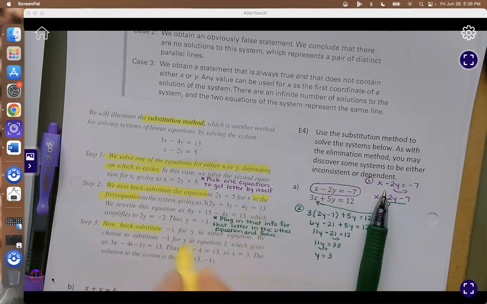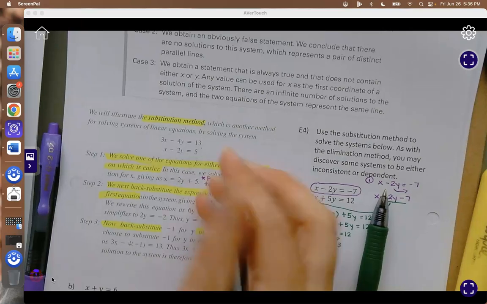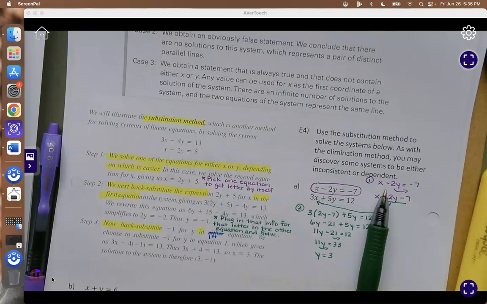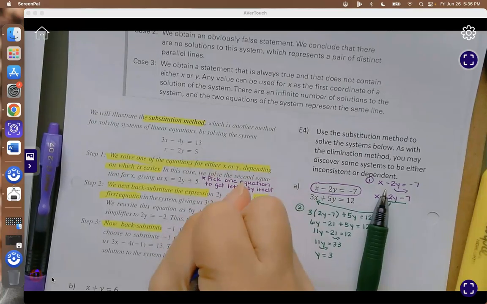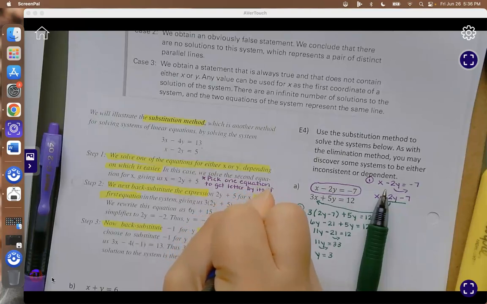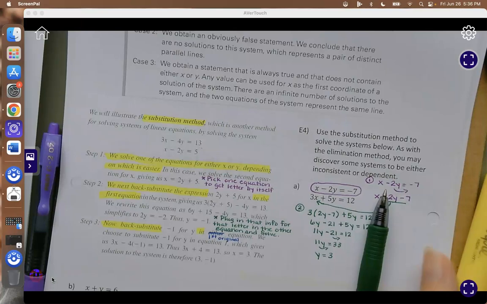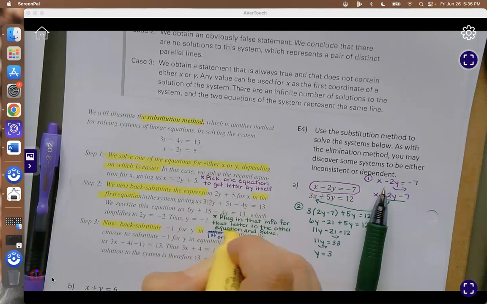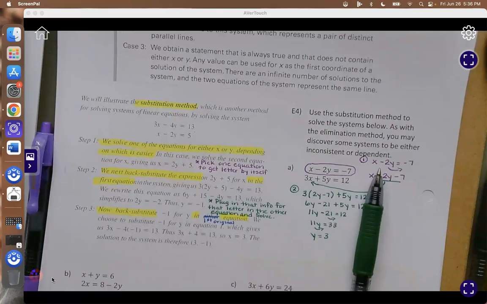Now back substitute in, and just remember I told you if I make you lock into one equation, then it'll make it easier. In the first original equation, okay? So what we're going to do, this part's easy.